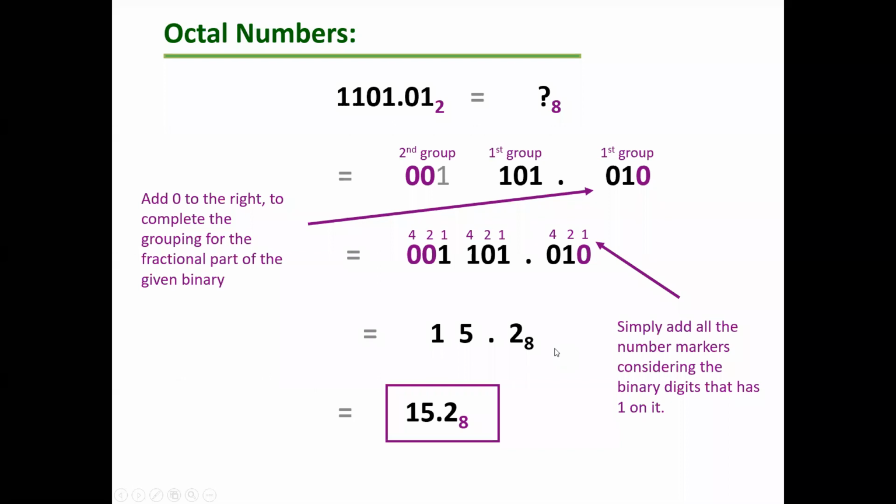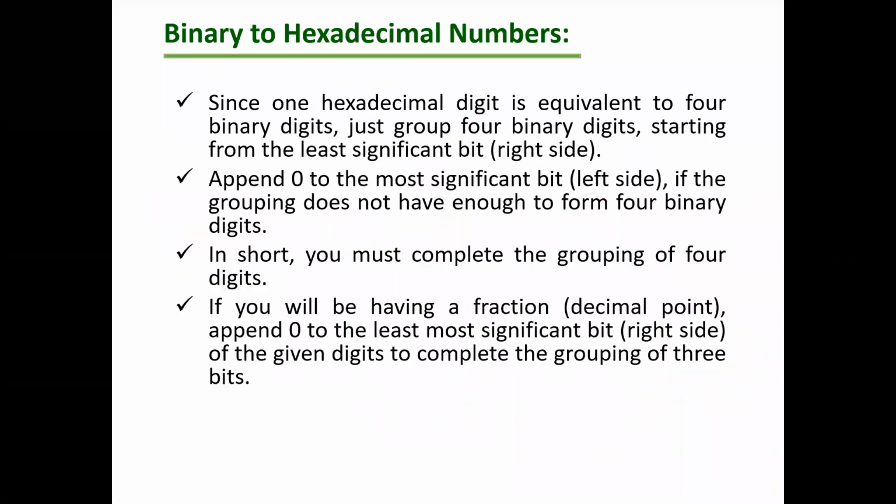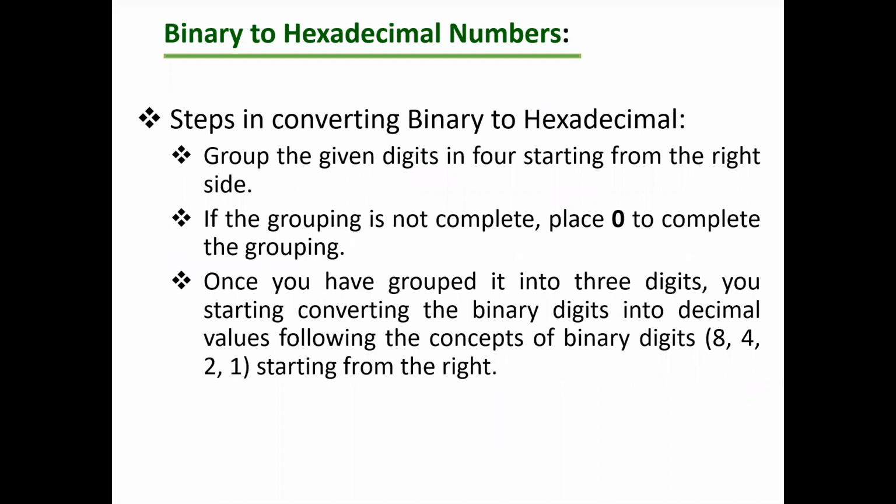Diba? Ang dali lang ng ating conversions ng binary to octal numbers. Next is hexadecimal. Ayan, so ang ating binary to hexadecimal, alam natin ang hexadecimal, it is composed of 0 to 9, A to F, with a base 16. So hindi ko na babasahin yung steps, gawin na lang natin yung demonstration.